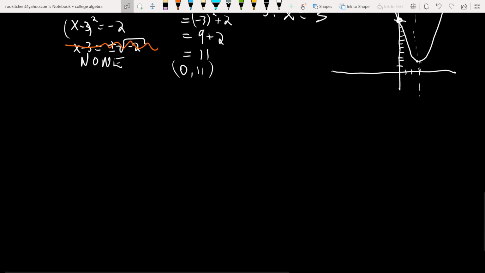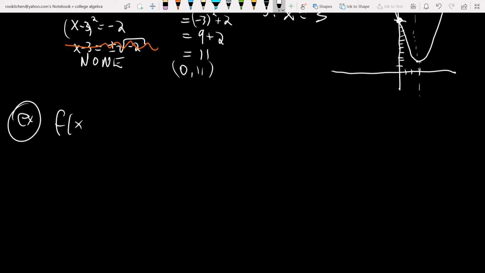This one is given not in standard form, but you can remedy that, if you're ambitious enough to do so. So f of x equals 2x squared minus 7x minus 4. And we want to put it into our nice form.